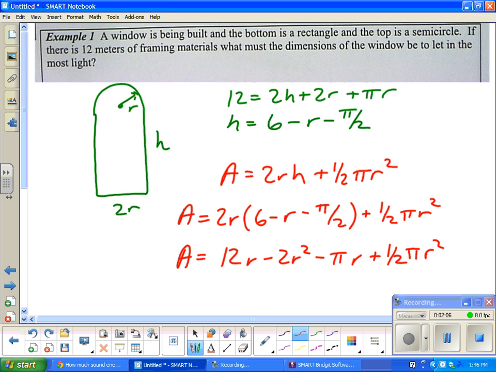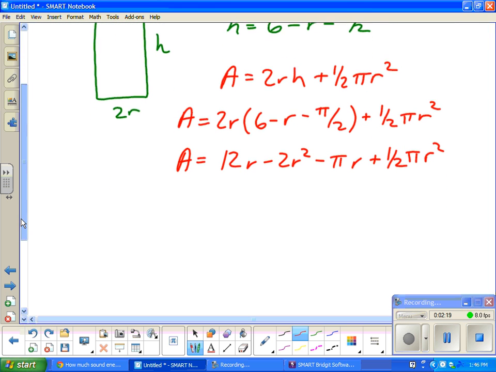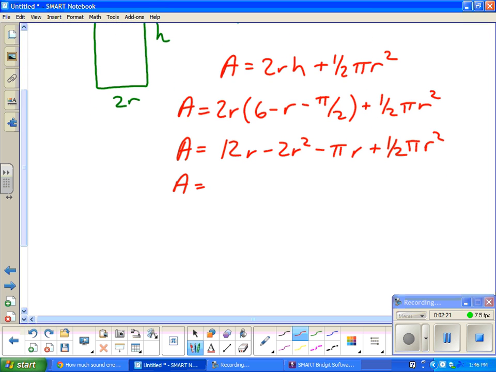So I have this equation, and this is an equation I need to optimize. There are some like terms there, so I might as well combine those like terms. There's no reason to work real hard here. The end two terms are like terms, so I get -1/2 pi r squared.